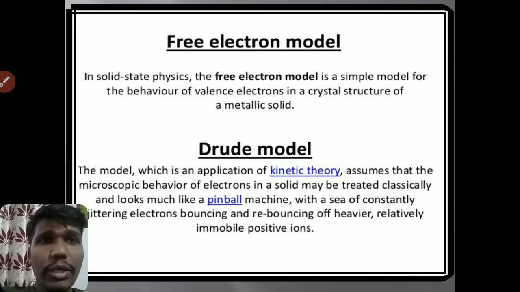So immobile positive ions will be created, and that is known as the Drude model, which we have to define in the case of the free electron model.